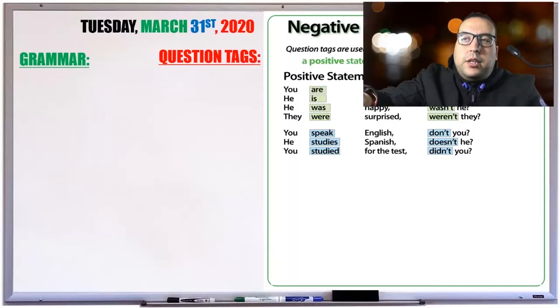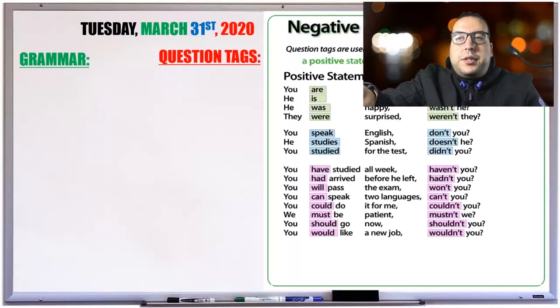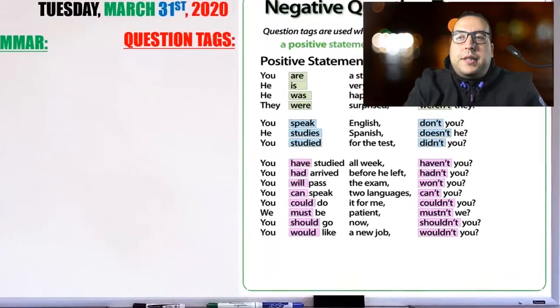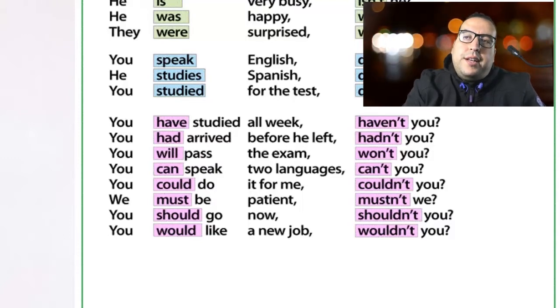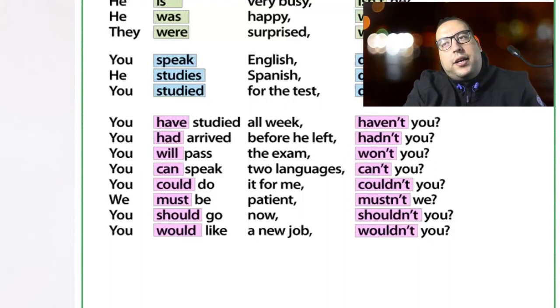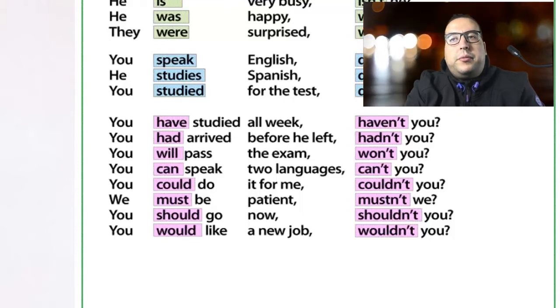Another group of examples: you have studied all week, haven't you? The first verb is have, an auxiliary, so in the question tag, we give the same verb but in the negative form.